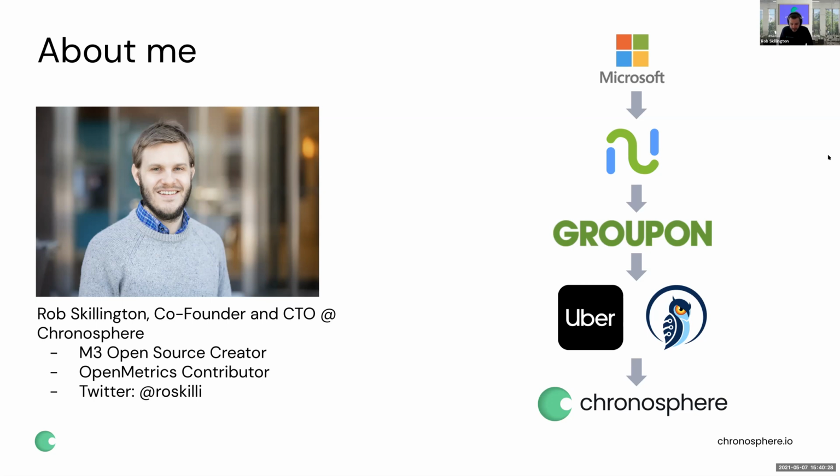I started off at Microsoft working on Office 365, and actually on some of the monitoring aspects of that in particular, and then have gone through several early stage startups, scale up teams that were acquired at Groupon, and then at Uber.